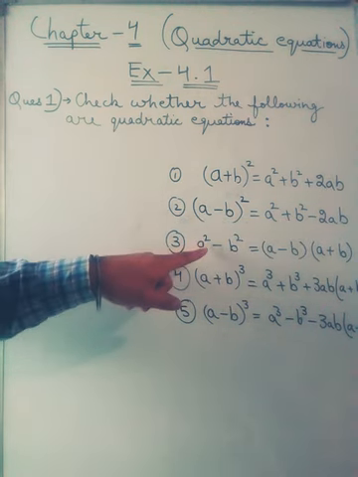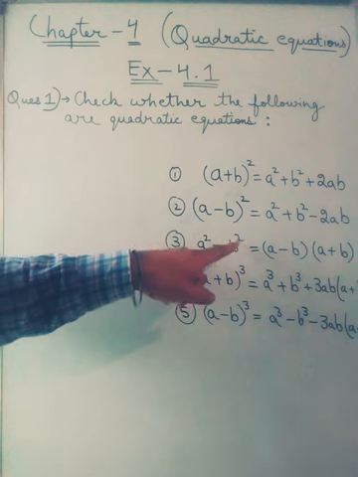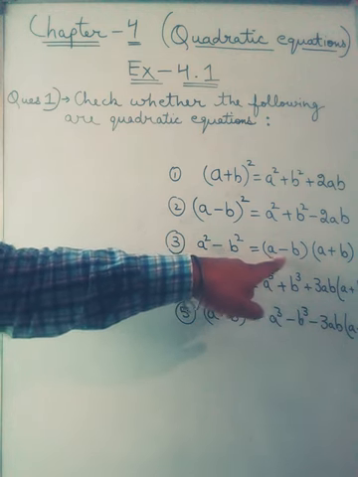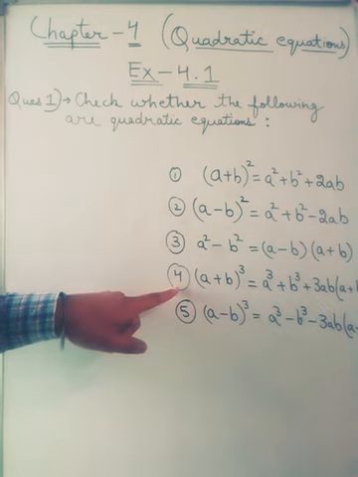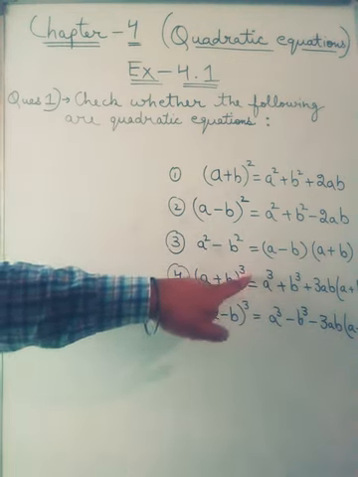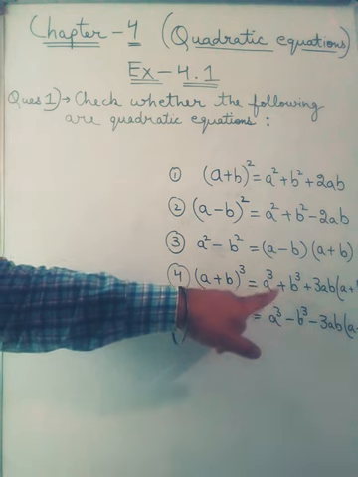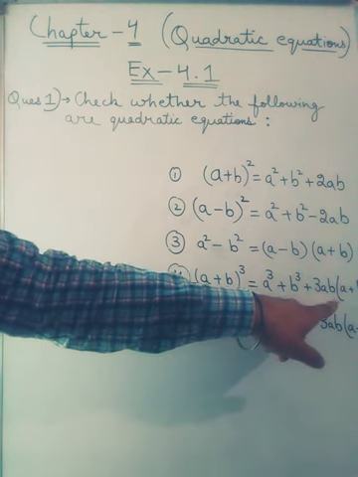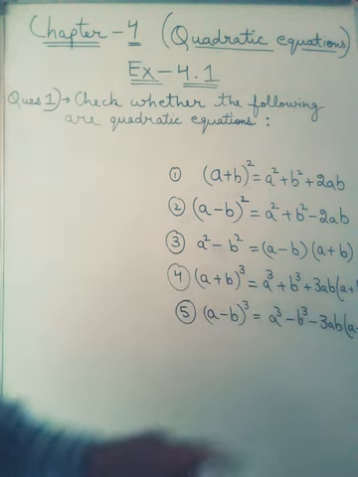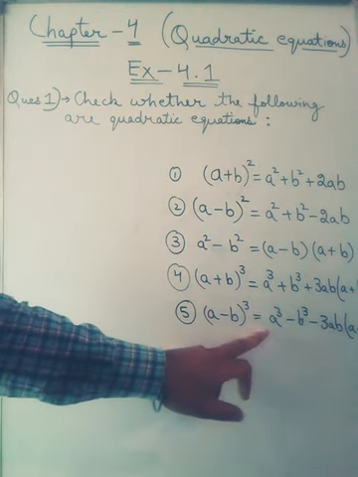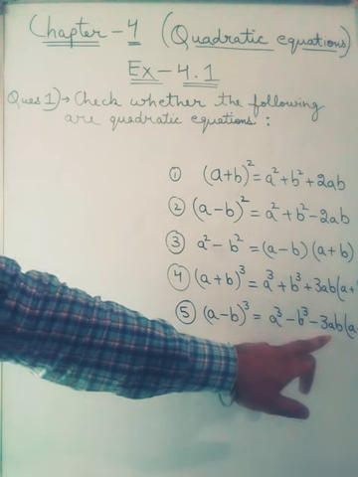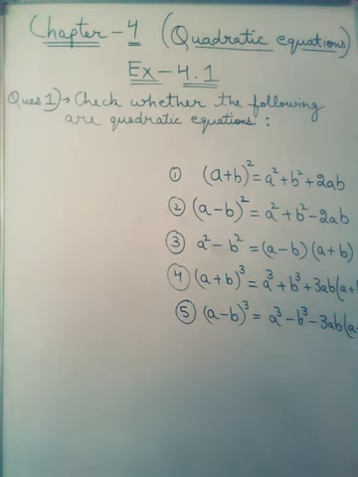The third identity is a square minus b square, that is equal to (a minus b) into (a plus b). The fourth identity is (a plus b) whole cube, that is equal to a cube plus b cube plus 3ab (a plus b). The last identity is (a minus b) whole cube, that is equal to a cube minus b cube minus 3ab into (a minus b).